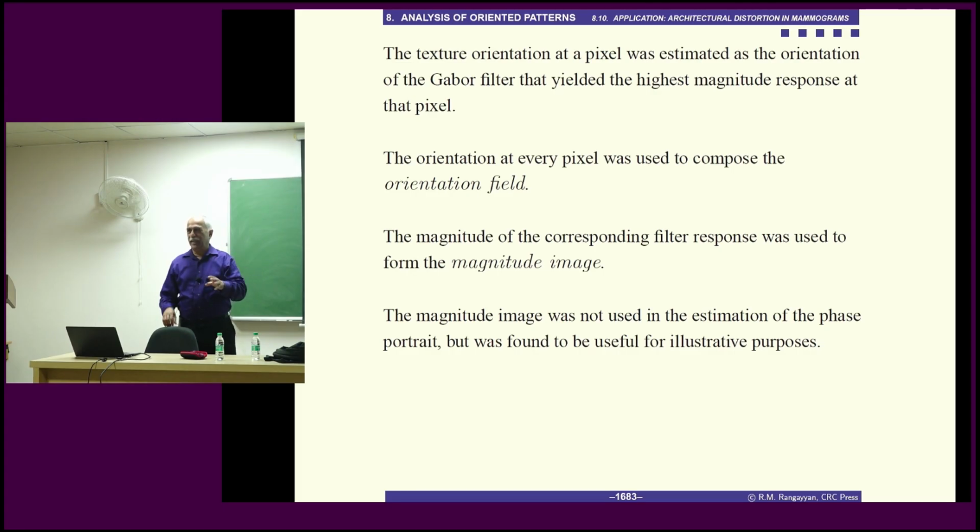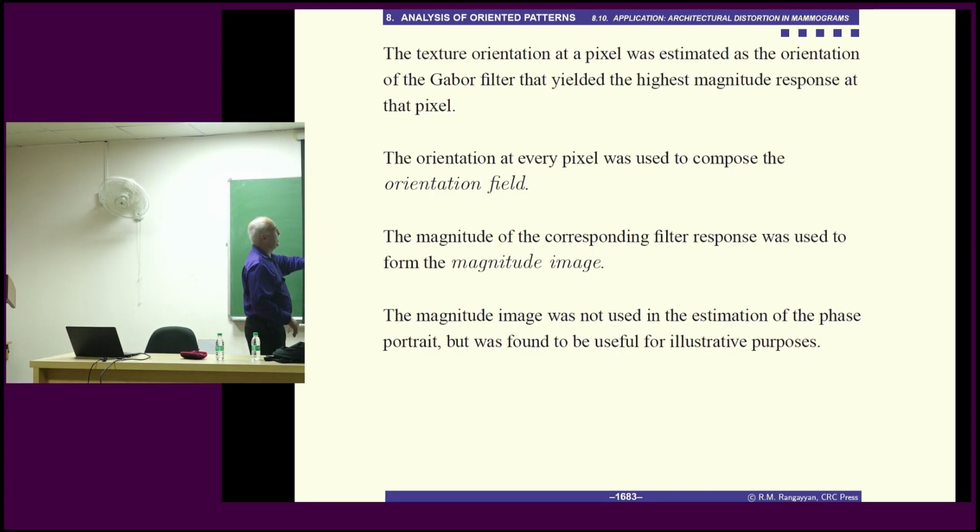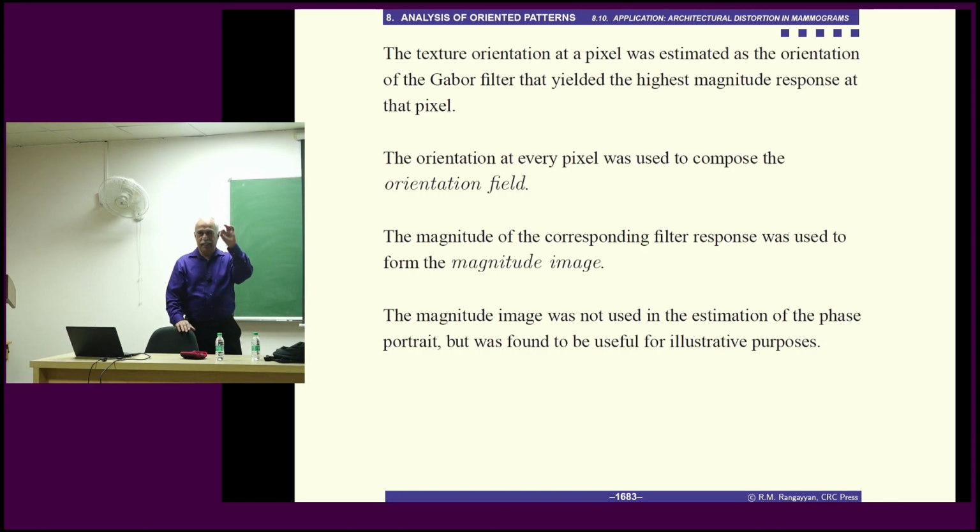We said at the beginning, let's just do 1 degree separation. So apply 180 Gabor filters at multiple scales if you want. And of all of those, what is the maximum response at this current pixel? Take that. And then what is the angle of the Gabor filter that gave you the maximum response? Keep that as the angle.